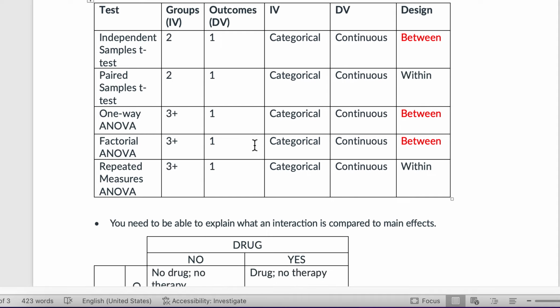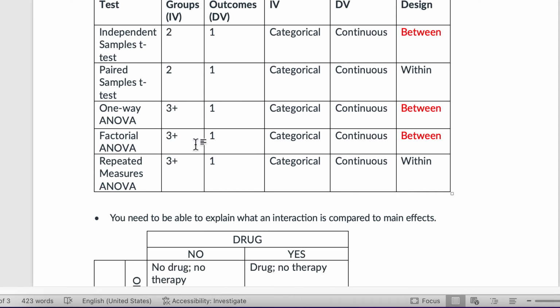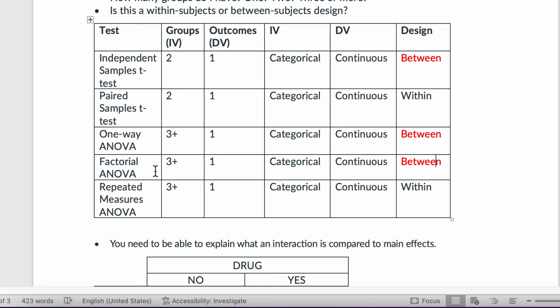Now, moving on to factorial, this is you have more groups as well, except this time you're going to have more than one of these grouping variables, right? So you have male, female, and which group were they in as far as the study guide. So you have males that were in the study guide group or not study guide group.